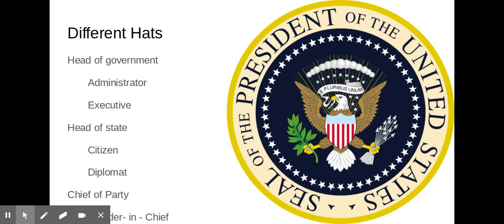Informally, he is also the chief of his party. And so even when there is a party chairperson, they're basically going to go along with whatever the president says. And a large amount of the party is going to fall in line with him. President Trump is evidence of that because there is a Republican national chairperson, but she is basically going to do whatever the president says.